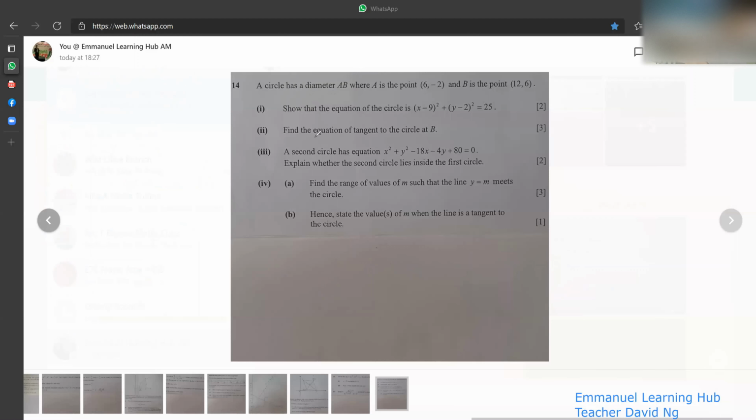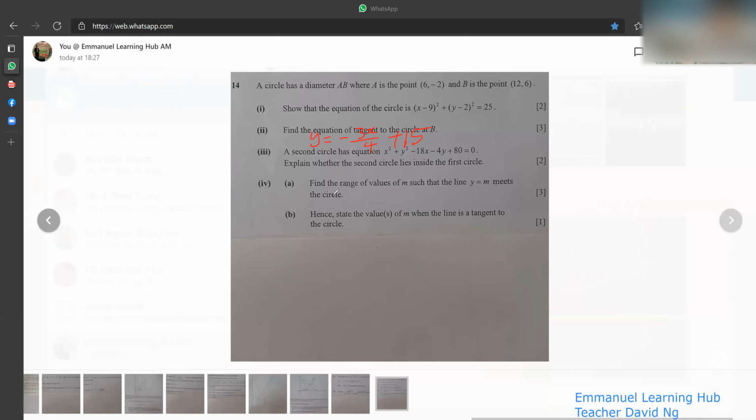The answer is the equation of the tangent at B: y equals minus 3x over 4 plus 15. Then part three, a second circle has an equation, explain whether the second circle lies in the first circle. It lies in the first circle.